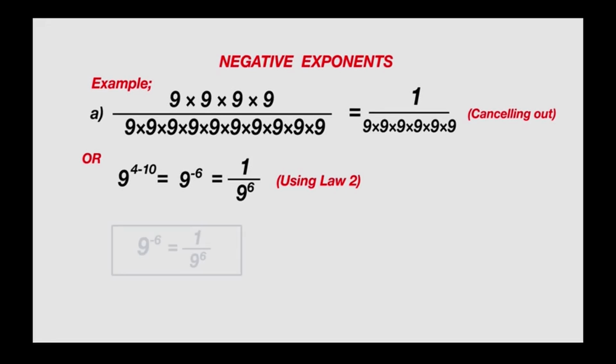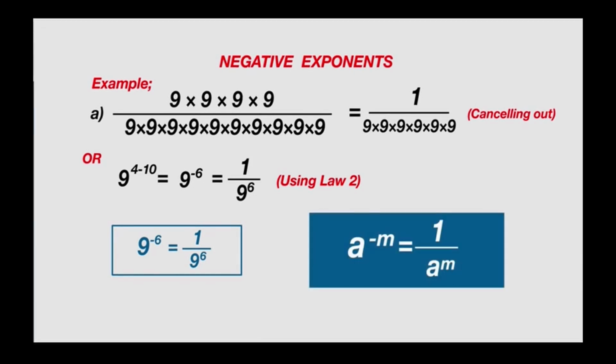Again, it means that 9 with a negative exponent 6 is equal to 1 over 9 with a positive exponent 6. Once again, we can conclude that a raised to the power negative m is equal to 1 over a raised to the power m. Good. Remember, when you put 1 over a number with a negative index, it changes the index to a positive index.